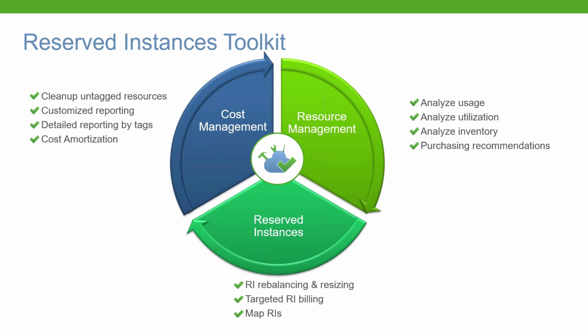RI rebalancing and resizing. If you do go for AZ specific RIs, we offer rebalancing so we can move them around for you. Say, hey, this RI in 1A is not being used. However, if you move it to 1B, there's usage there that can take advantage of the lower rate. Moving it is free within AWS, and it's a very simple process.